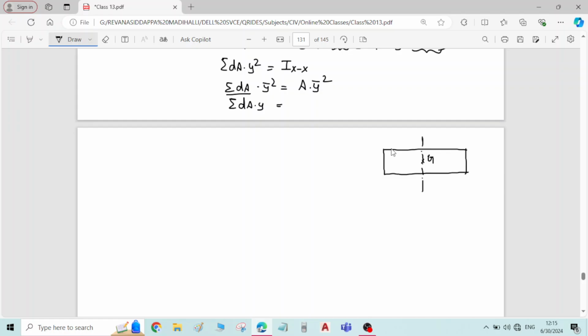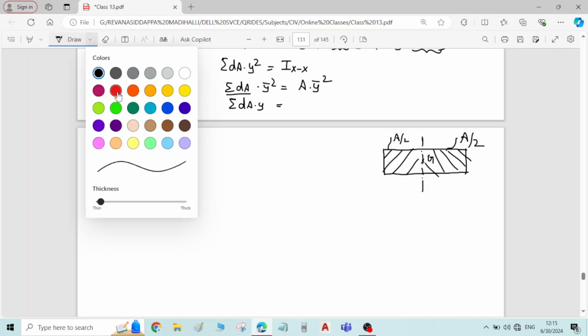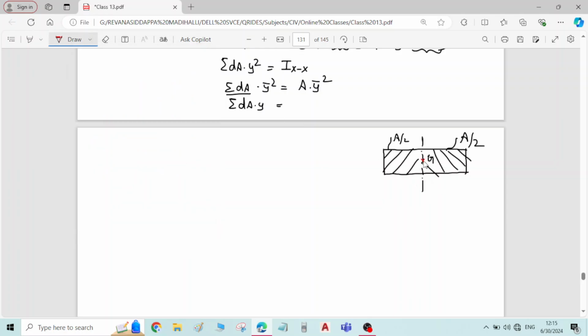Let me take the total area as A, so the area of this portion is A by 2, and the area of this other rectangle is also A by 2. Now we will find sigma dA into y for this, which means the sum of moments of both the areas about the centroid.